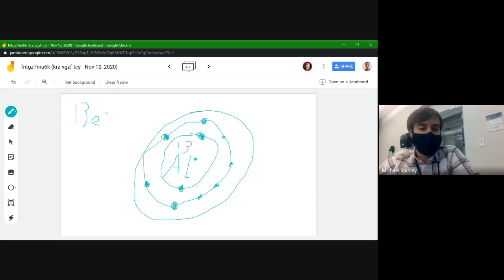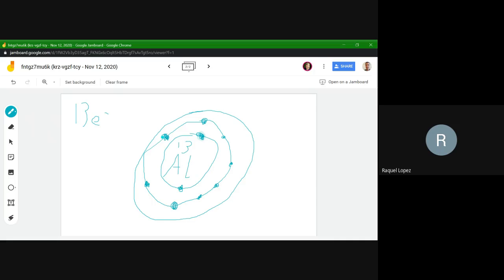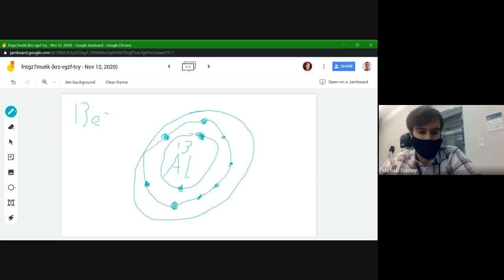So now we've put down 10 in total. There are 2 on the first ring, and 1, 2, 3, 4, 5, 6, 7, 8 on the second ring. So can we fit any more electrons on ring number 2? No. No, we cannot, precisely.